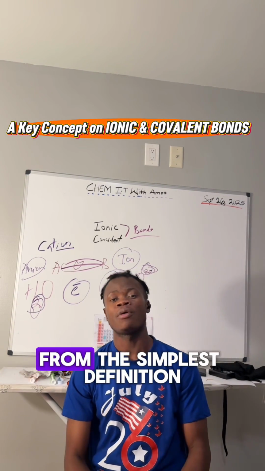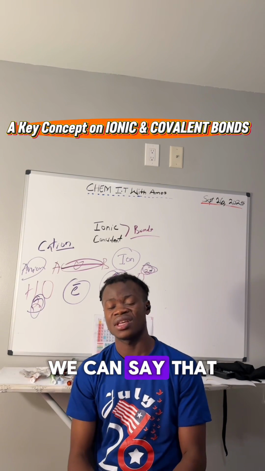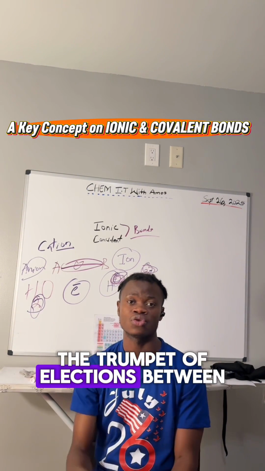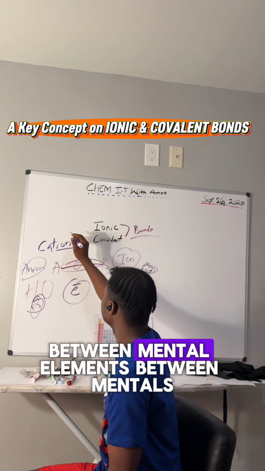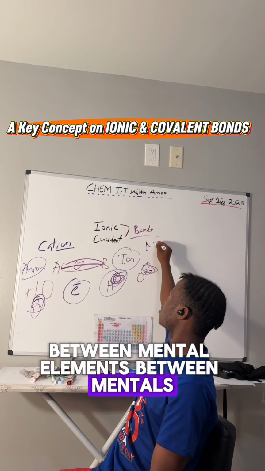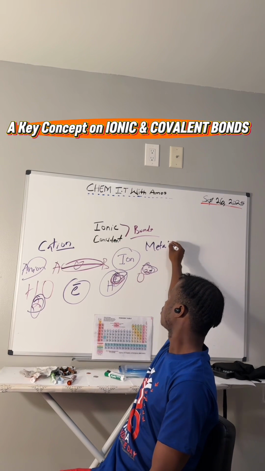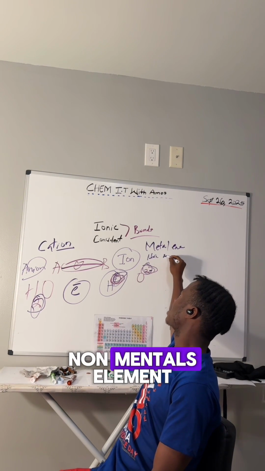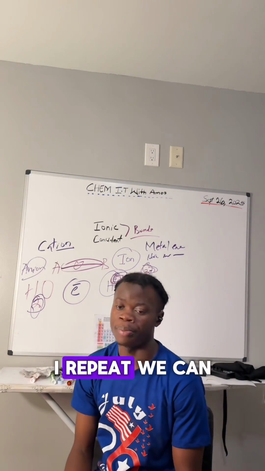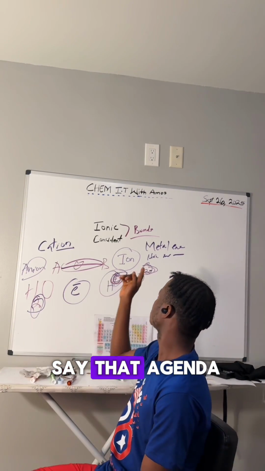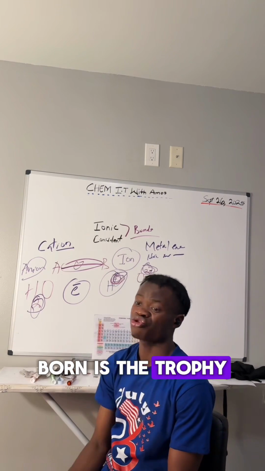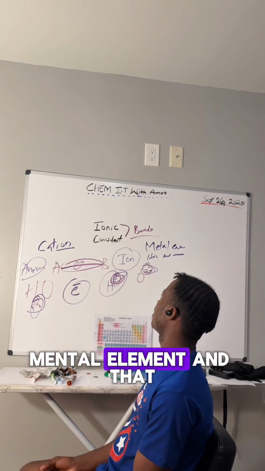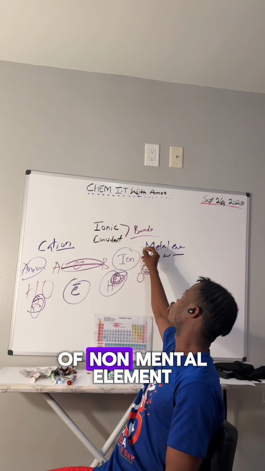From the simplest definition, we can say that an ionic bond is the transfer of electrons between metal elements and non-metal elements. I repeat, an ionic bond is the transfer of electrons between a metal element and a non-metal element.